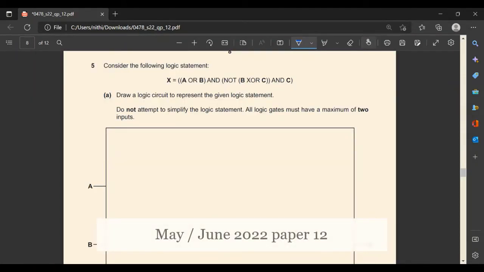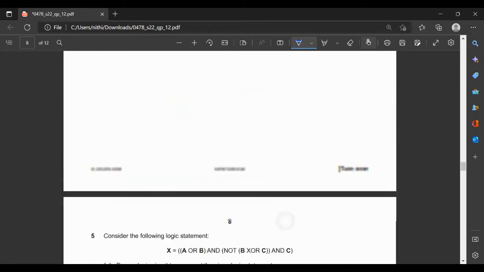So on to the next paper. This question is from May-June 2022, paper 1-2. Looks like this is also a logic circuit, so let's just use the same method we used for the previous question. First, let's underline what's in the brackets.